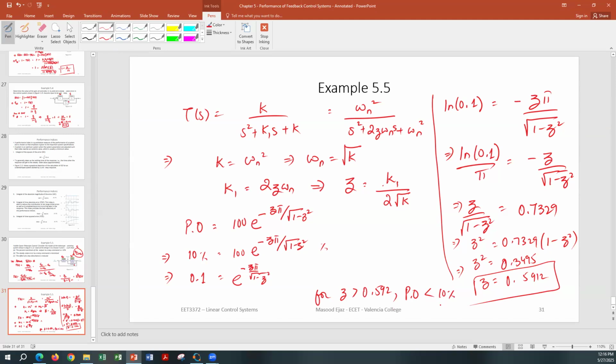Remember, the higher the value of zeta, the less overshoot you're going to get. The smaller the value of zeta, the more overshoot you're going to get. So it has to be greater than almost 0.6 in order for the peak overshoot to be less than 10%.